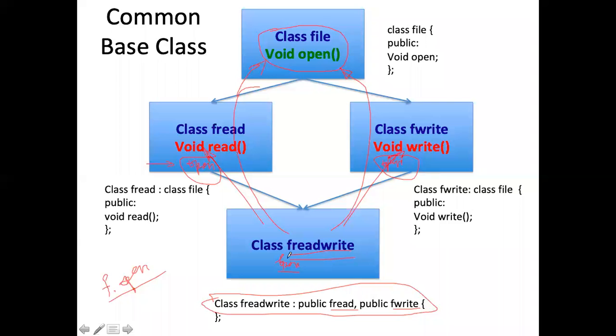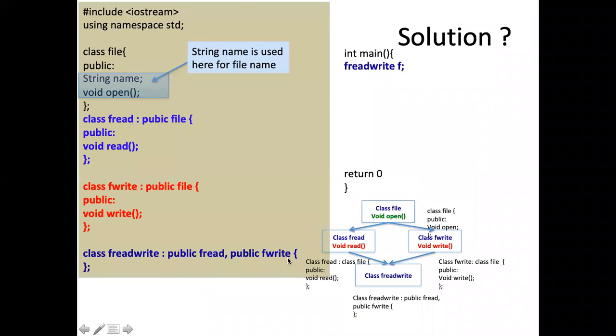Again, the scope resolution operator that we used earlier will work in this case too. But you can't give a direct call to open even in this structure. This is what you call the diamond problem.